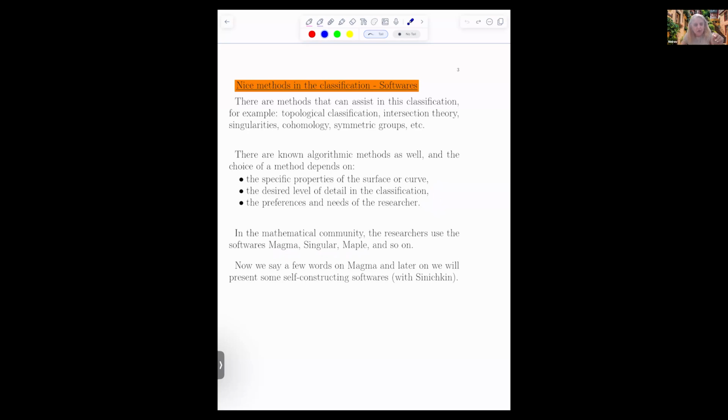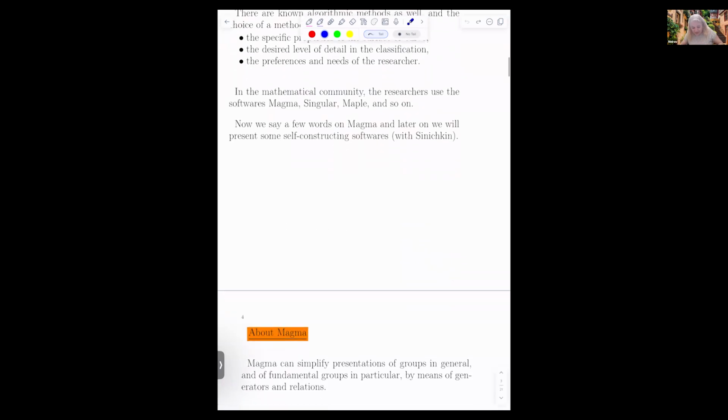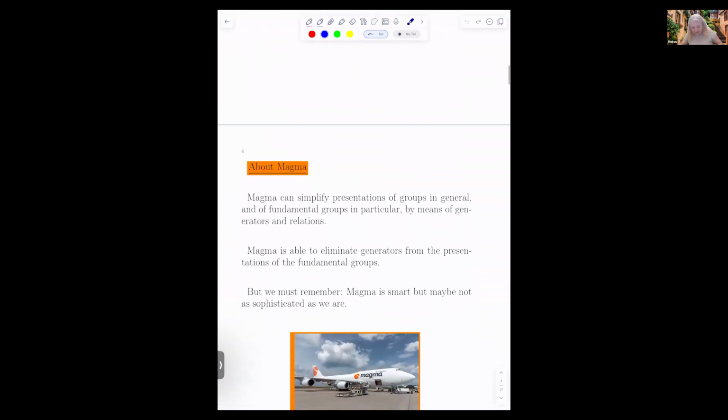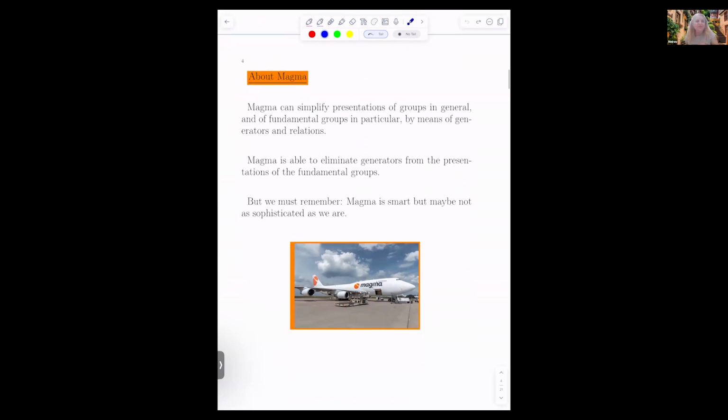I would like to show some advantages of Magma right now. And also two self-constructed softwares that were constructed with Sinichkin. So, about Magma, I will explain to you right away why I put this nice jet here.